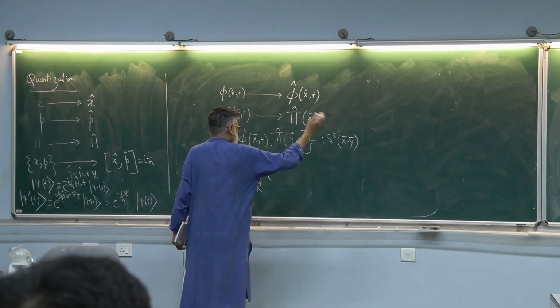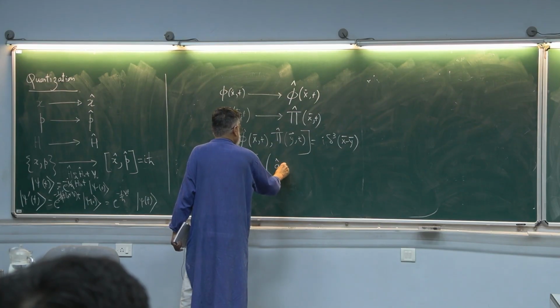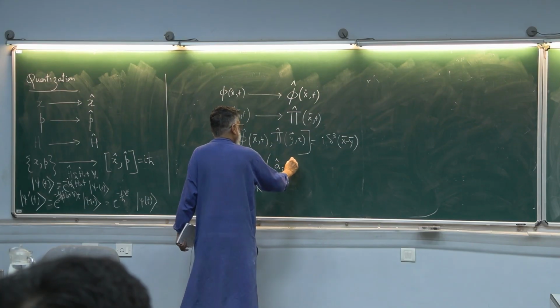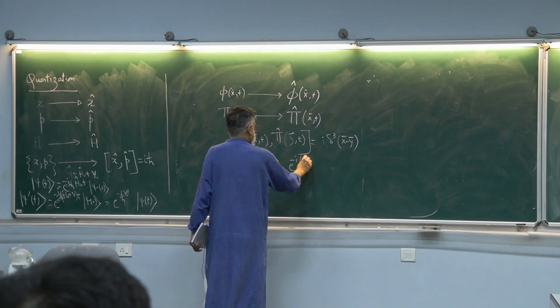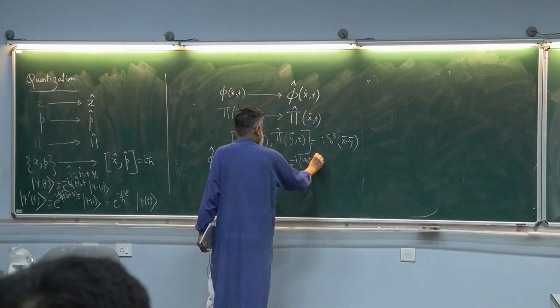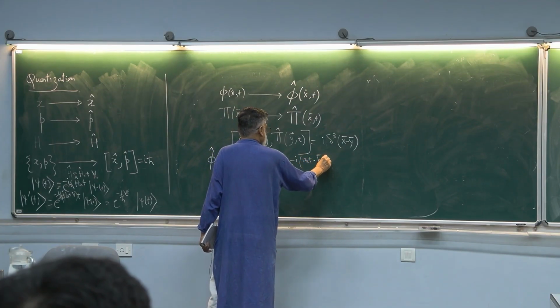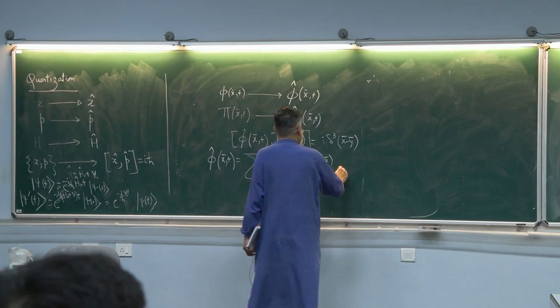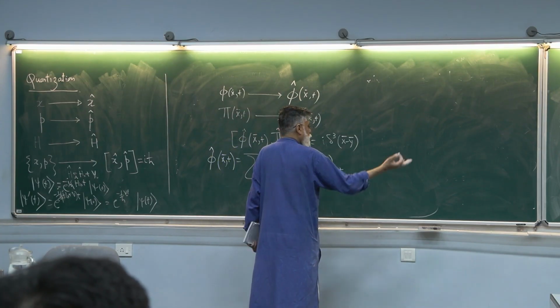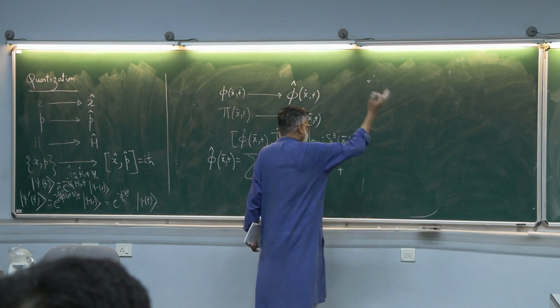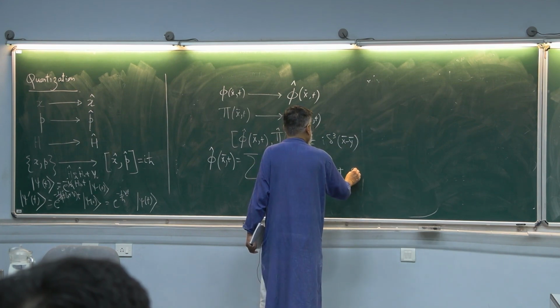Now a_k has become an operator, a_k times e raised to the power minus i omega_k t minus k dot x, plus the complex conjugate of a_k, which has now become a dagger, because it is an operator and therefore it has become its adjoint.